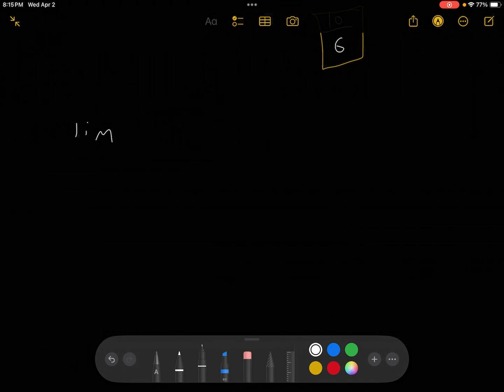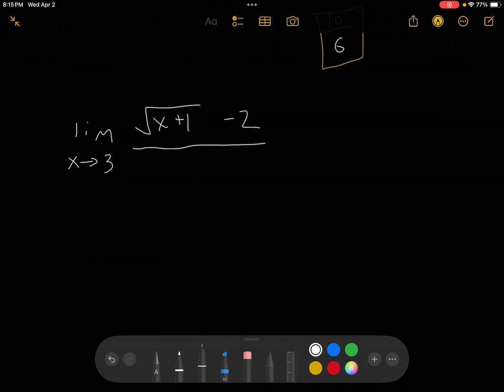So let's take the limit as x approaches 3 of the function square root of x plus 1, minus 2, over x squared minus 9.